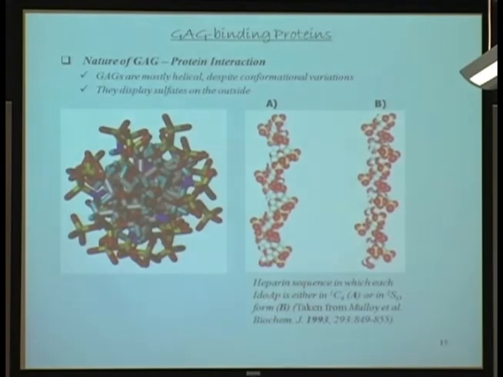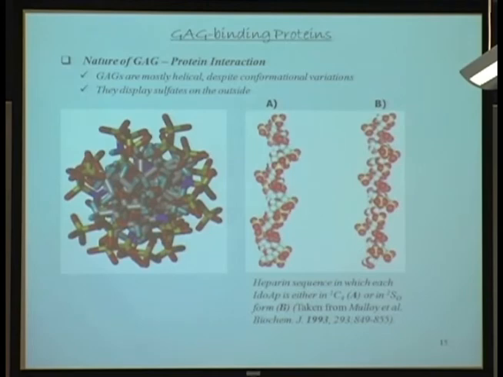This is not an experimental structure, but a model in which one conformation of the iduronic acid is 1C4 across the board, which is A, and the second conformation is 2SO across the board in B. If you take a cursory look, it's basically the same.